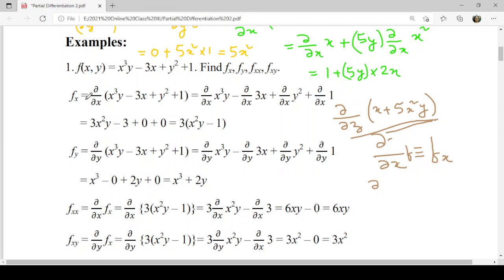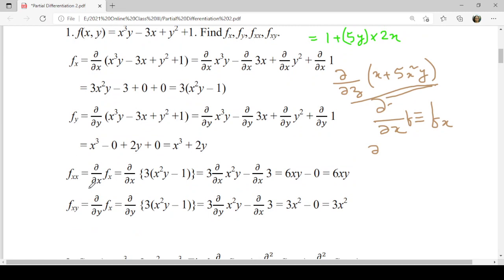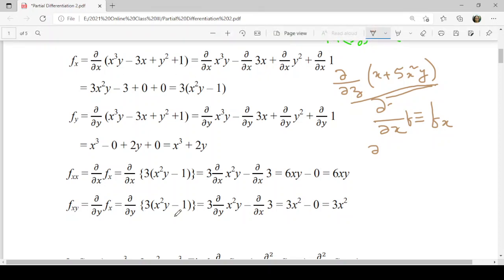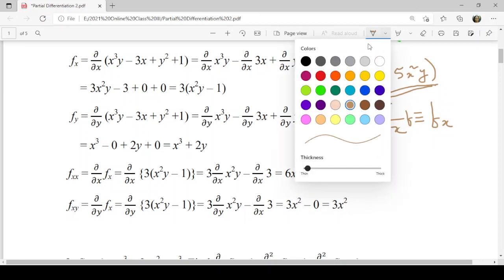Then fxx, so this is second order partial derivative, fxx. So first you are doing partial derivative of this fx, just like in case of single variable. What did you have in case of single variable?